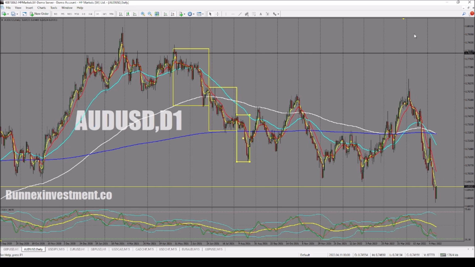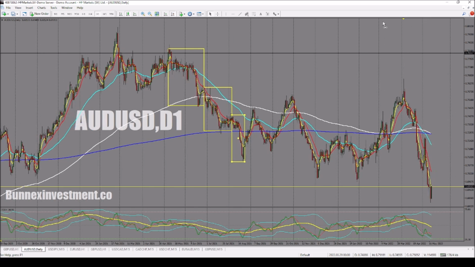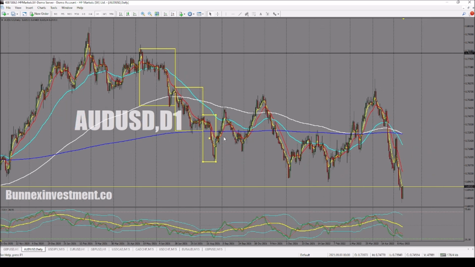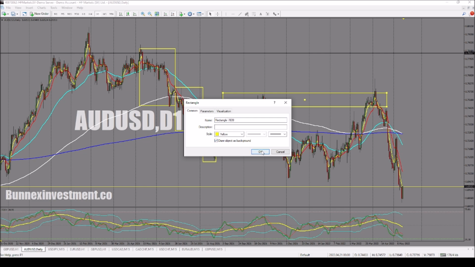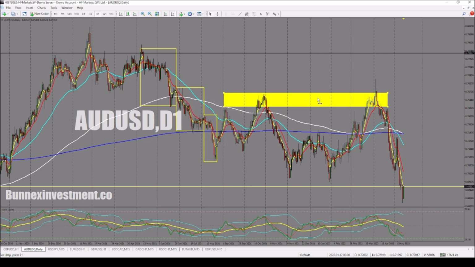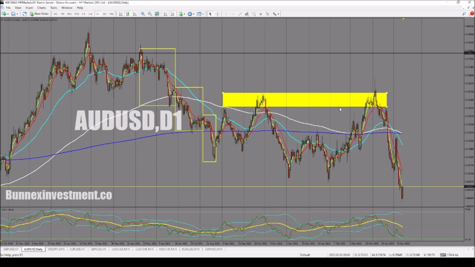right? From there, what happened? We know that after cycle completion, we expect to see a reset. So all these were pins to the reset point, right? And we can actually say this was a bounce. So from that reset point, what can we see?